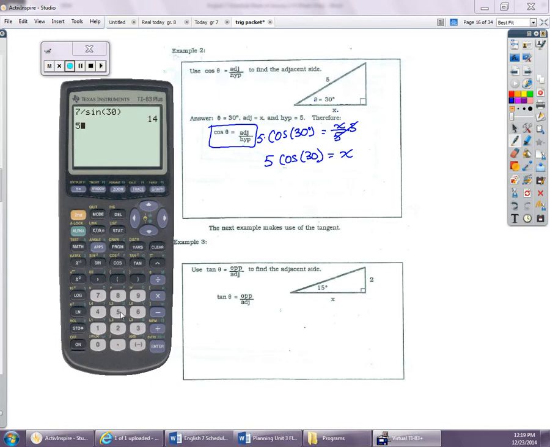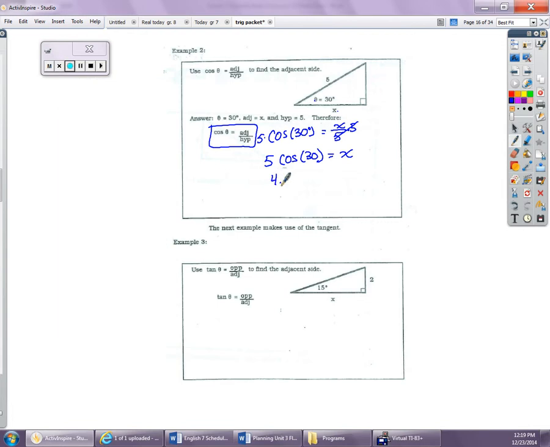So I do 5 cosine of 30 degrees. Since I have the degrees, I just type in 30, hit enter, and I get 4.33. So I can just say 4.3 is equal to x, or about that value. Okay, so that's how we figure out what x equals.